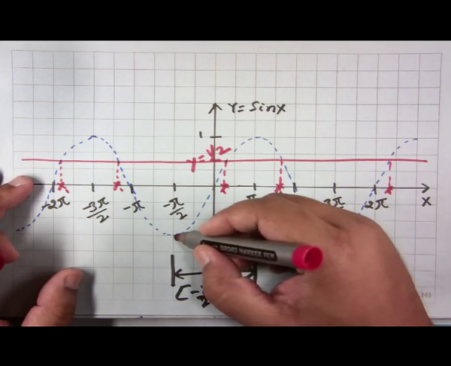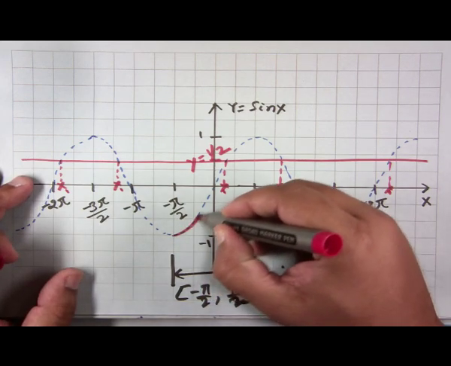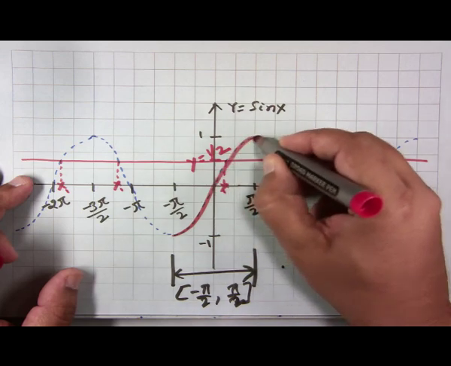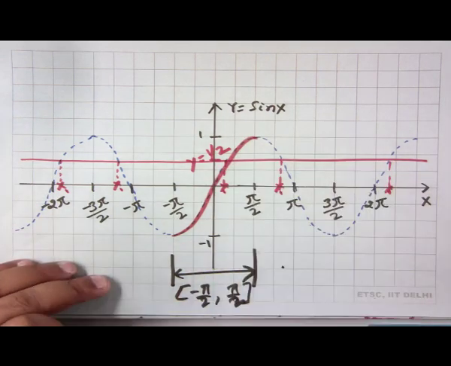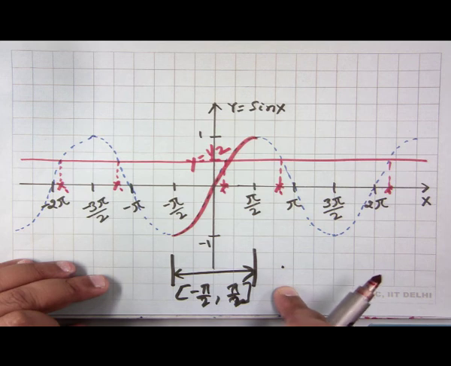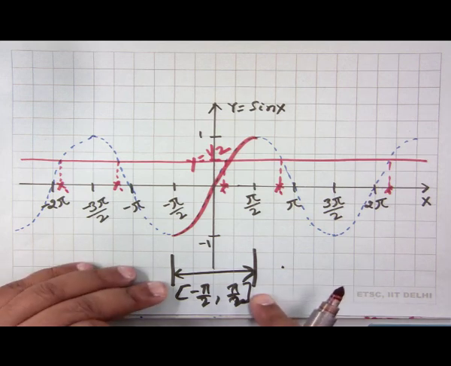So, it will be this. This is the curve for the restricted sin x function, where the domain has been restricted to -π/2 to +π/2.